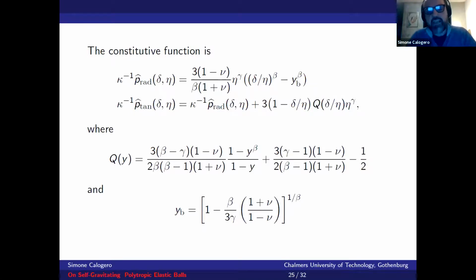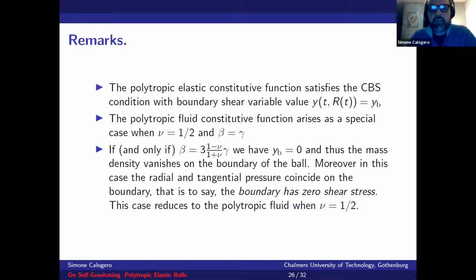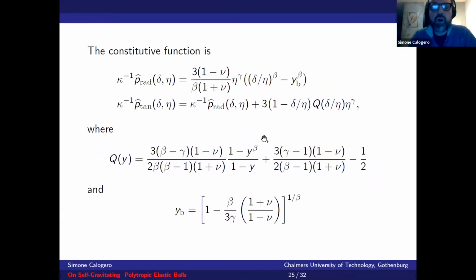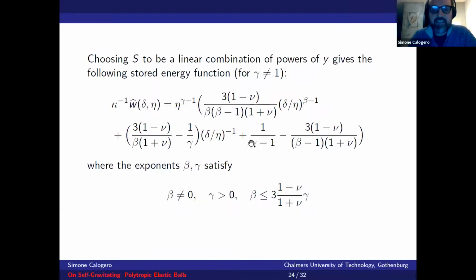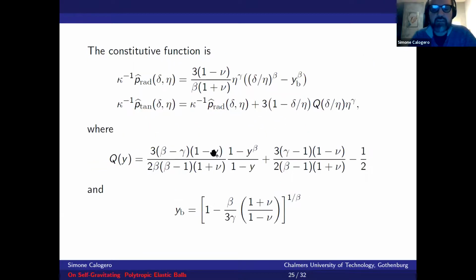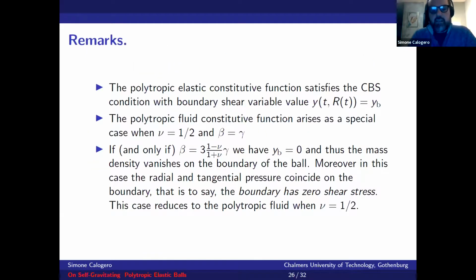Okay, so that's the only case. For all other choices of these parameters, the density on the boundary of the elastic ball will be positive. And so these are essentially the remarks that I just mentioned. So also the fluid case: if you let mu equal 1/2 in this model, you just go back to the fluid case.